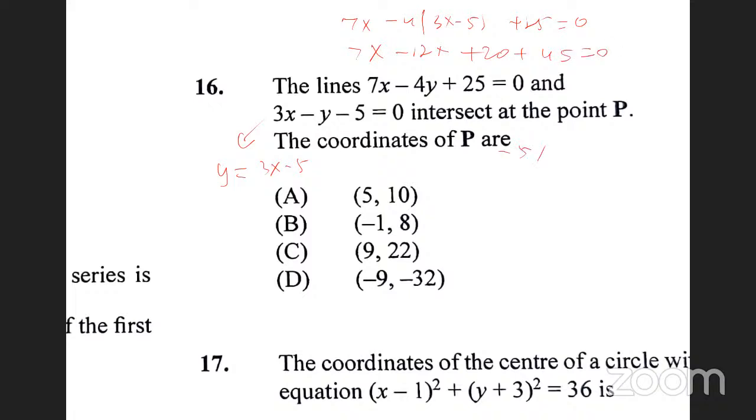So that means minus 5x is minus 45, so x is 9. So the answer is correct, right? Next one.